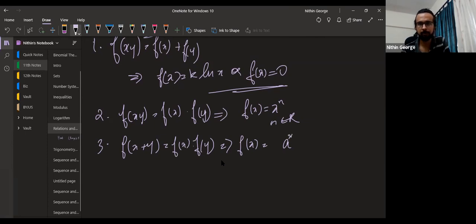You can multiply a k also. F of x equal to k into a power x. No. A power kx. Yes. Right, guys, my bad here. F of x will be a power kx.